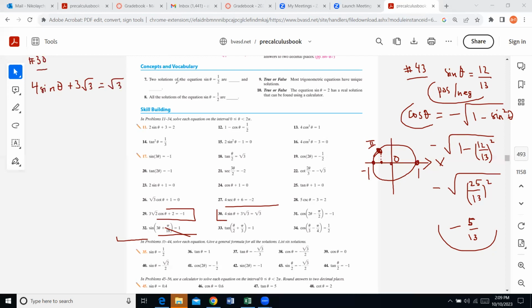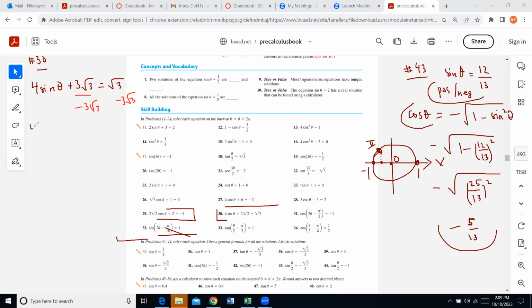Okay. So now I need to find the actual sine. So I'm going to subtract this 3 root 3 on both sides. That's the first step, so I'm isolating the function sine. That's my plan.